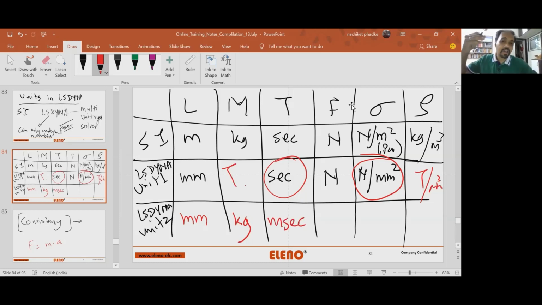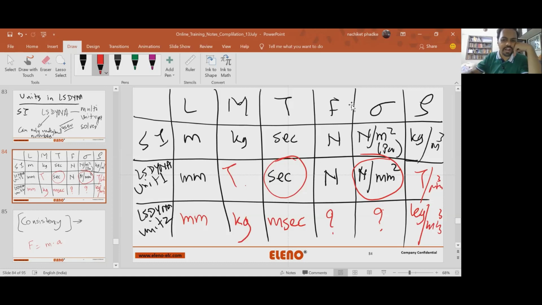The reason is vehicle crash happens in milliseconds of time, very few milliseconds, 100, 200, maximum 200 milliseconds. So people will use millisecond as their time and kilogram as mass. The force is going to be in some value. Of course, density will be kilogram per millimeter cube. And stress will also be in some value.